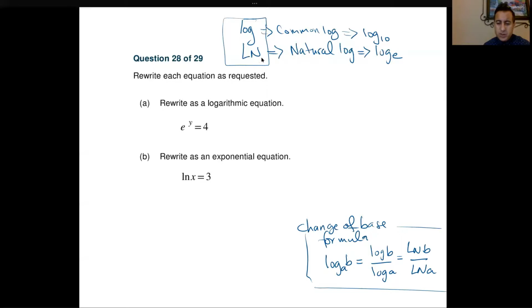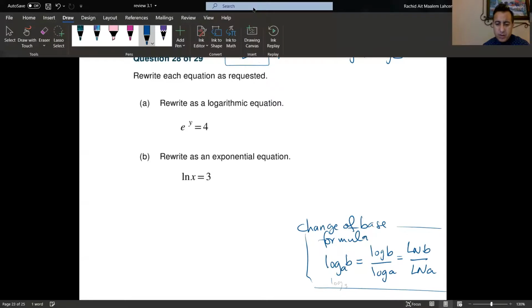So change of base formula is helpful when you don't have these two and you need to calculate it, right? So let's say log of base 3 and 5, right? So this is not on a calculator, so you would use log of 5 divided by log of 3.